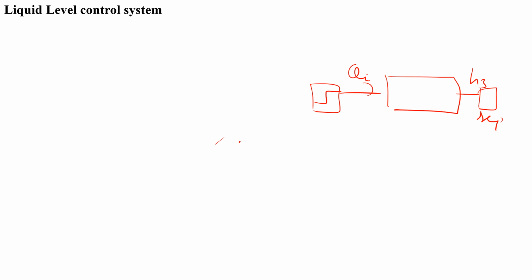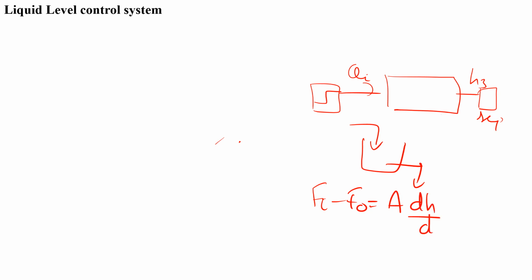Okay, so now we have learned what the liquid level is and what the dynamics are. Just a recap on that. In the liquid level system, this is the inflow, this is the outflow. We have derived the mathematical modeling as inflow rate minus outflow rate equals the rate of accumulation of that level. Here the quantity is mass. I have clearly explained how to get this equation.